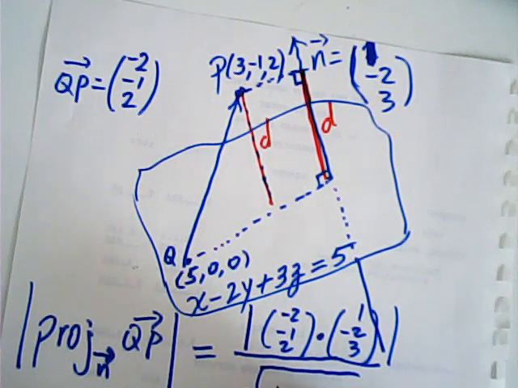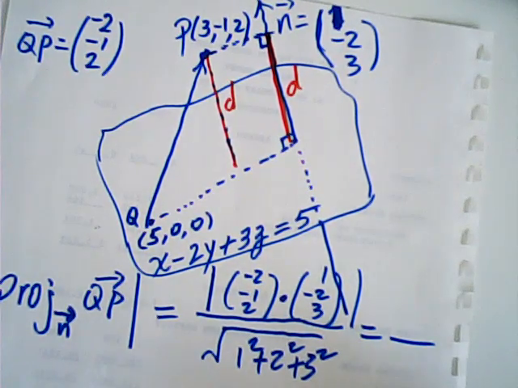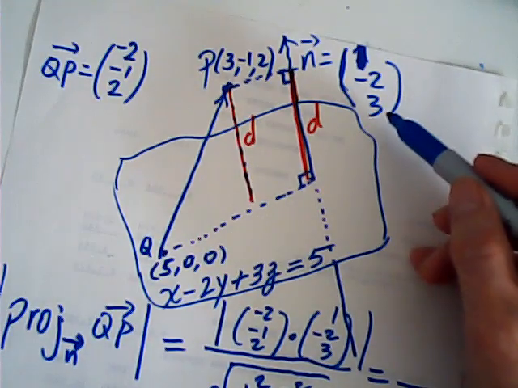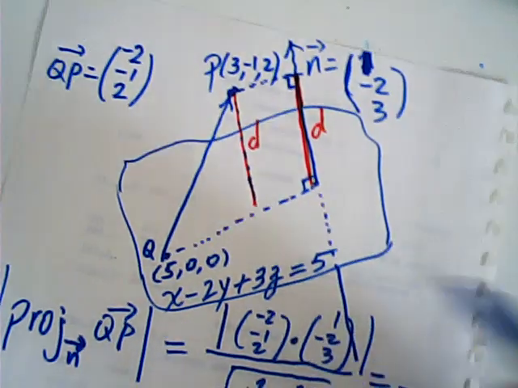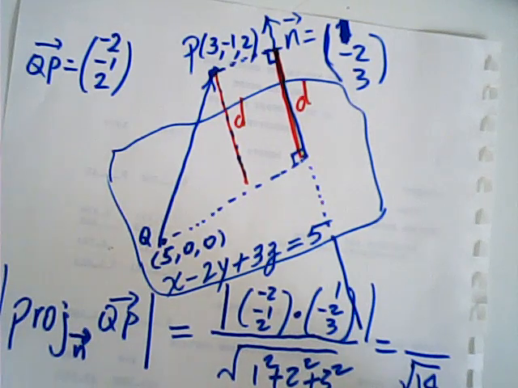The modulus is the square root of 1 squared plus 2 squared plus 3 squared. So this is equal to the square root of 14, right? Square root 14.